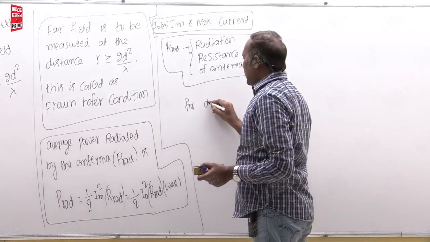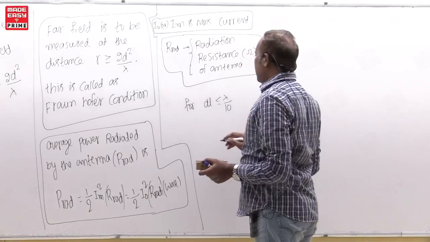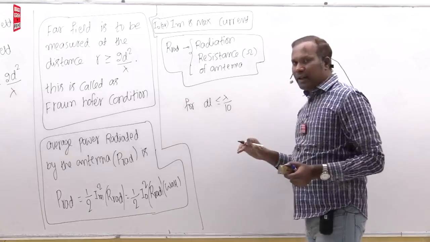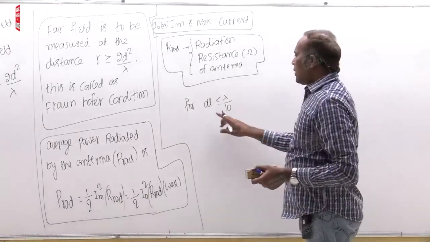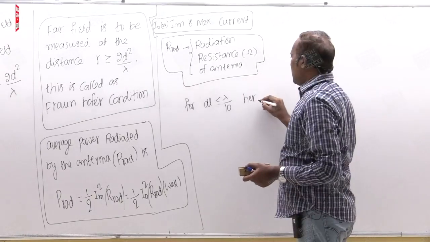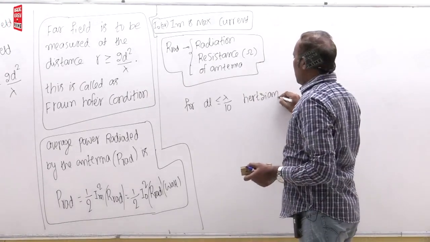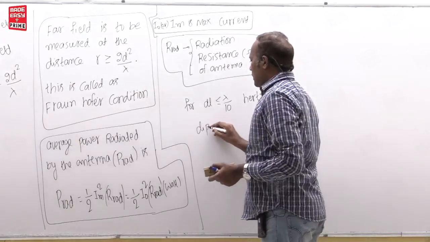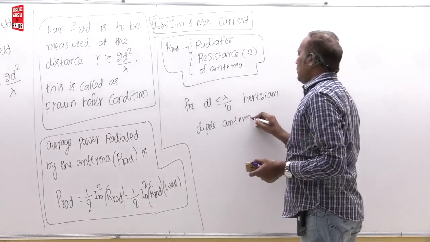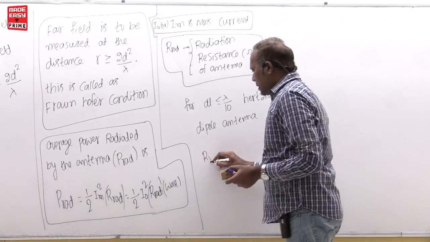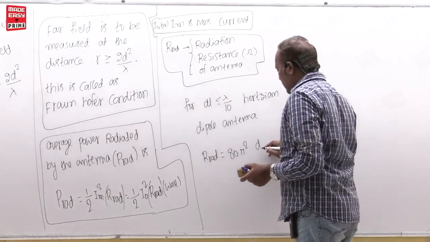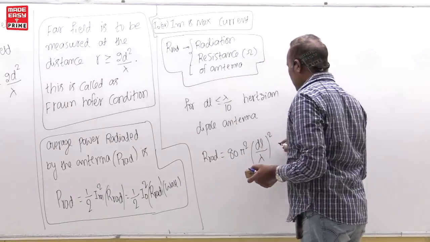This is given in the Sadiku book, and the same thing is given in Balanis also. For dl less than or equal to lambda by 10, for a Hertzian dipole, or otherwise infinitesimal dipole antenna, the radiation resistance is equal to 80 pi square into dl by lambda whole square ohm.